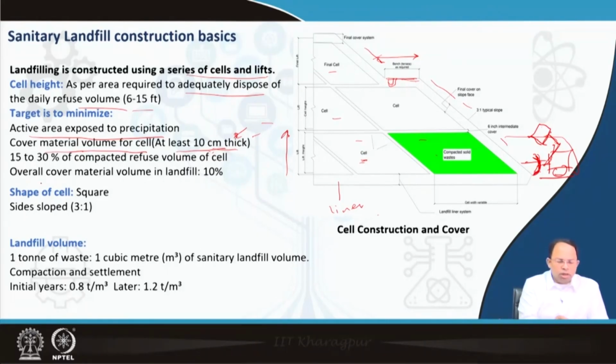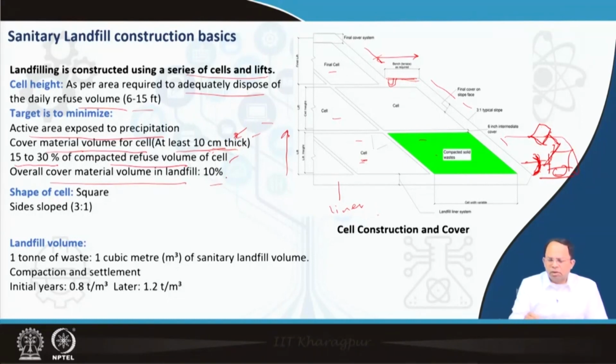So in total, around 15 to 30% of the compacted refuse volume, that is almost 15 to 30% of the garbage volume, is the volume of soil. So that's a huge amount, right? And overall, cover material volume in a landfill is around 10%.